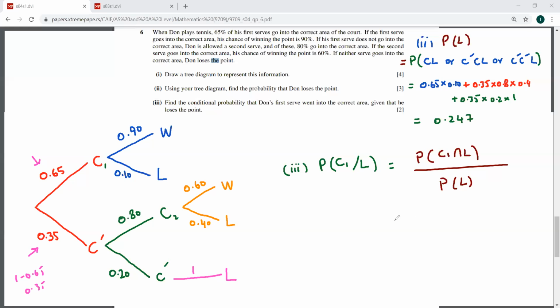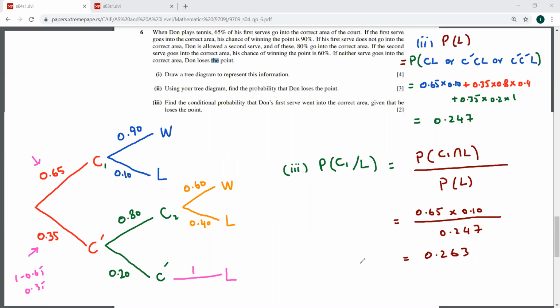So this will be 0.65 times 0.10 over 0.247. Please tell me what is the answer of this? 0.263.